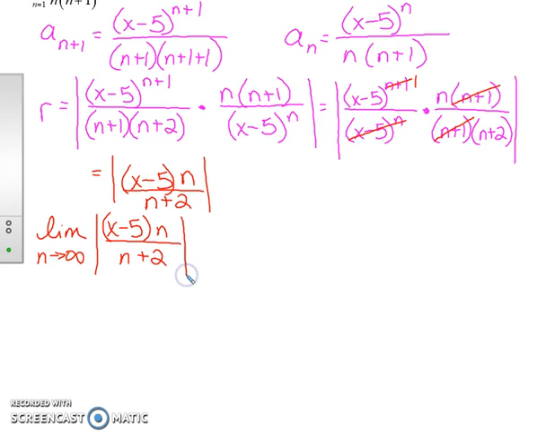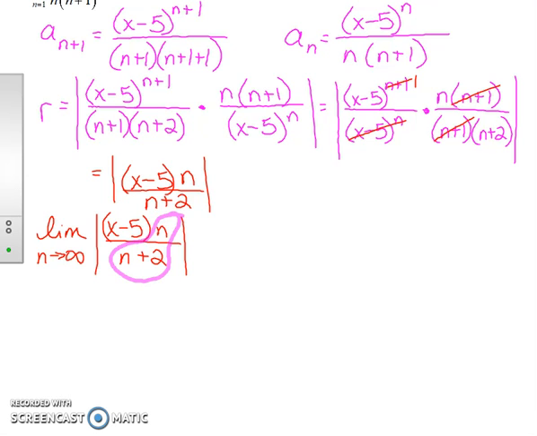Now, when we're doing these limits, we're not focused so much on the fact that x is a variable as we are that n is a variable, because n is what we want to approach infinity. So if n was to approach infinity, then we would do n behavior model with this portion. And x minus 5 you would think of as the coefficient in front of that n in the numerator, so it doesn't really go away.